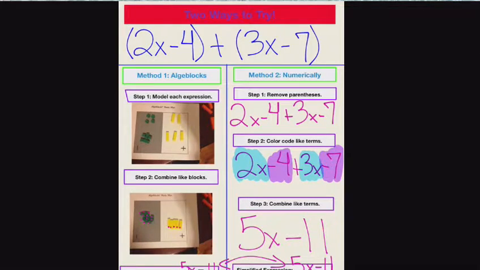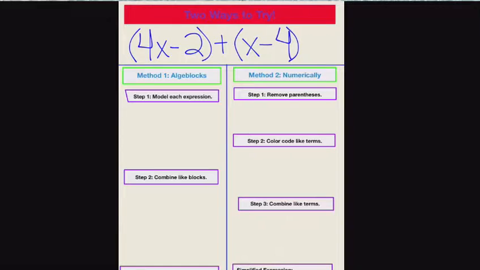All right. We got one more to try like this. 4x minus 2 plus x minus 4. Okay, so again, let's go ahead and start by modeling our expressions with our algebra blocks. So I'm going to start with 4x minus 2.